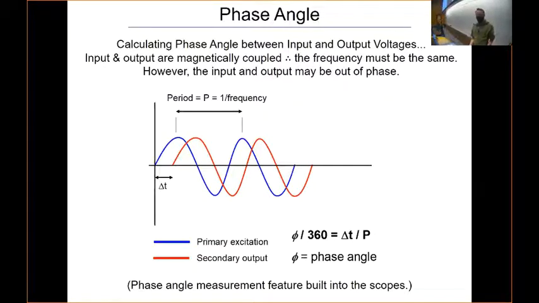And then the period is the inverse of the frequency. If the input and output are magnetically coupled, the frequency must be the same. So whatever you put in for the frequency from your function generator as your source voltage, you take the inverse of that and you get the period. Then you divide the change in time between the two waves by that period. That is equal to your phase angle divided by 360.